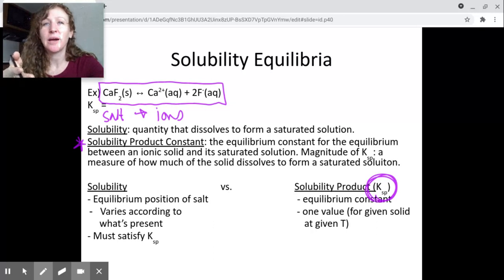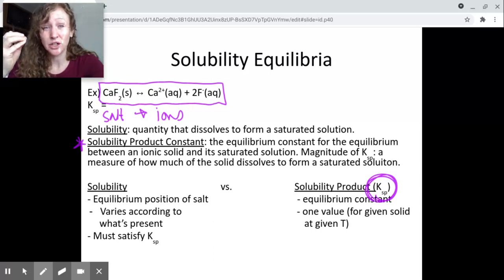When we're talking about just an equilibrium reaction, we refer to it as the equilibrium constant. If we're talking about acids, we call it the acid dissociation constant. If we're talking about salts, we call it the solubility product or the solubility product constant. So it gets a little bit confusing because we have a million names for the same thing, right?